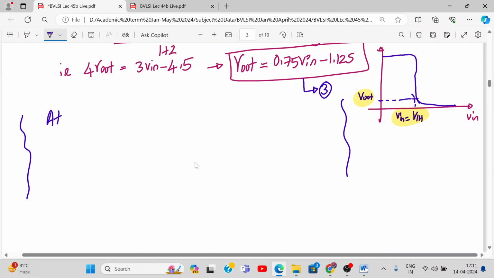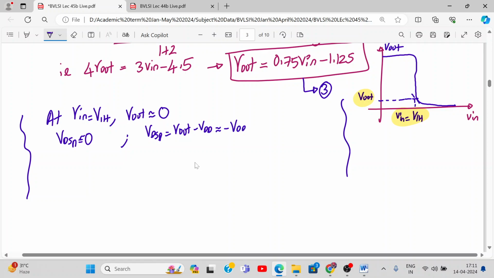We write V in equal to VIH, my output V out is slightly above 0. So V out is approximately equal to 0. So that means VDSN, which is equal to V out, is approximately equal to 0, and VDSP, which is V out minus VDD, is approximately equal to minus VDD.